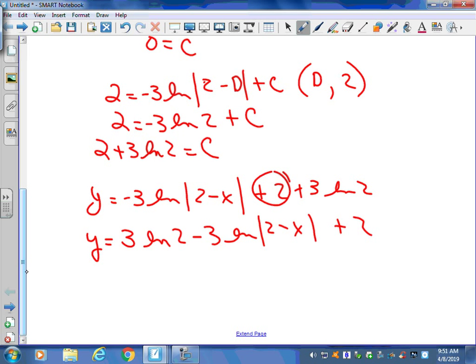For example, if I put this 3 back up here, won't that just be ln of 8? Everybody agree? And if I put this 3 back up here, then wouldn't that make that a division? Over the absolute value of 2 minus x to the third power, plus 2.